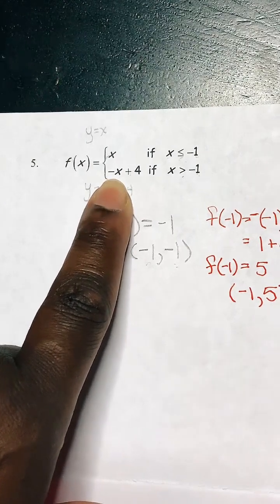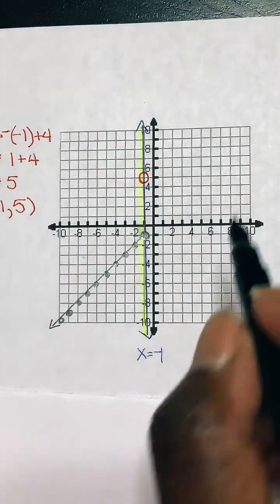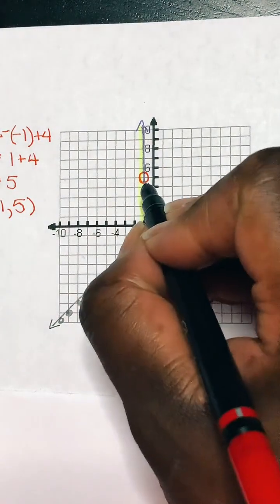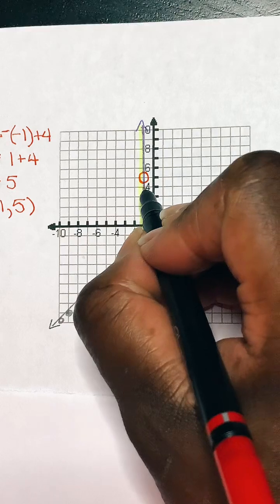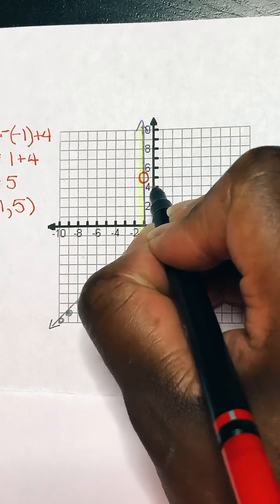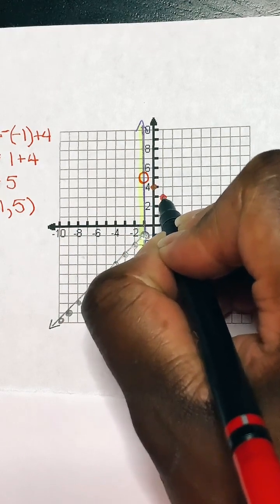Okay, so since it's a -1, starting at my open circle, that means I'm going down 1 to the right 1. Down 1 to the right 1.